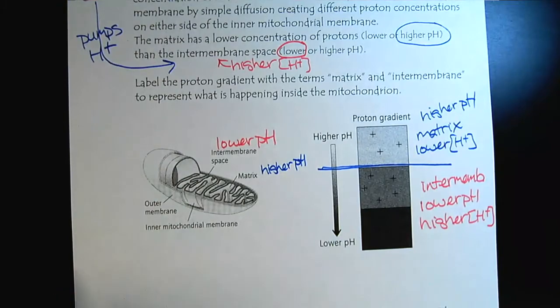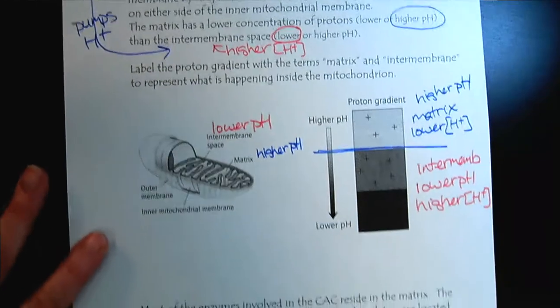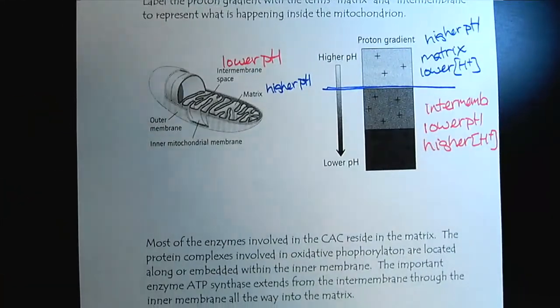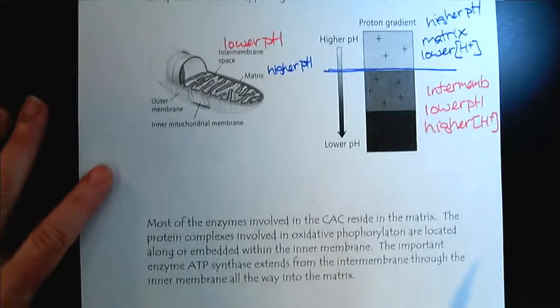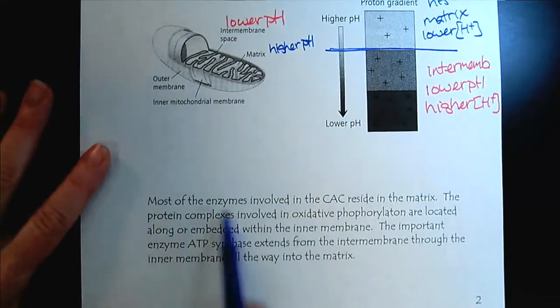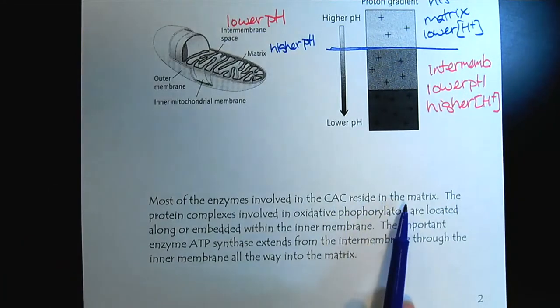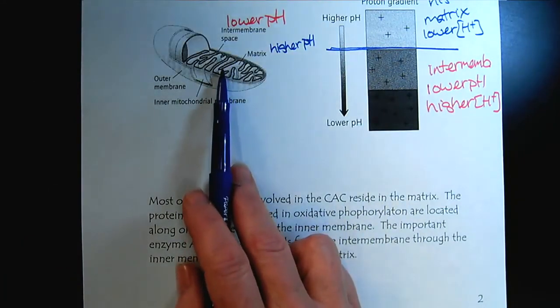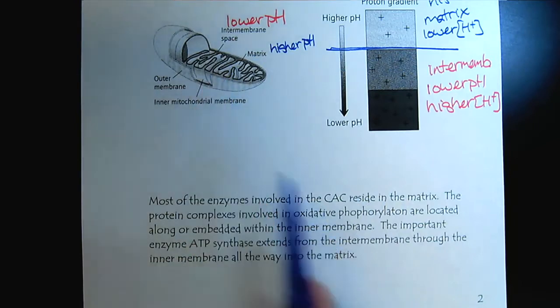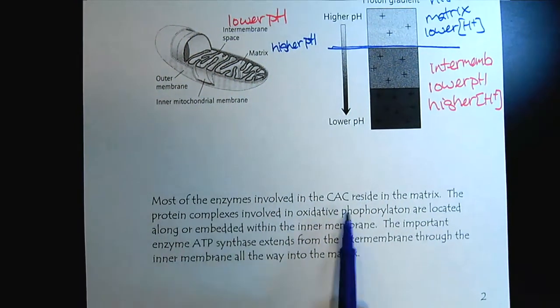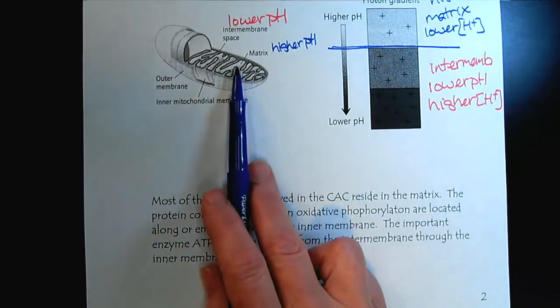Okay. So now that we've got those pieces put together, let's do a little wrap up here on this page, right? So most of the enzymes involved in the citric acid cycle reside in the matrix, right, or along the inner membrane. Well, for the citric acid cycle, they're inside the matrix.